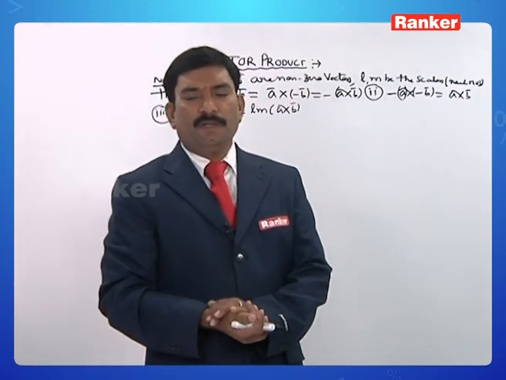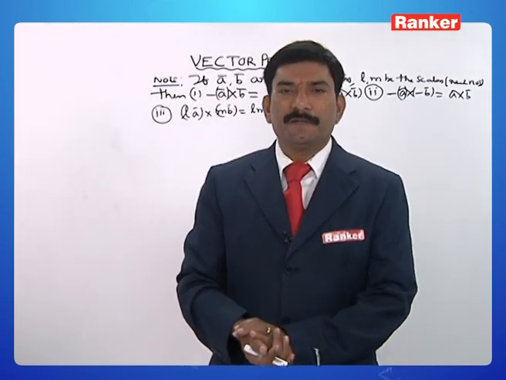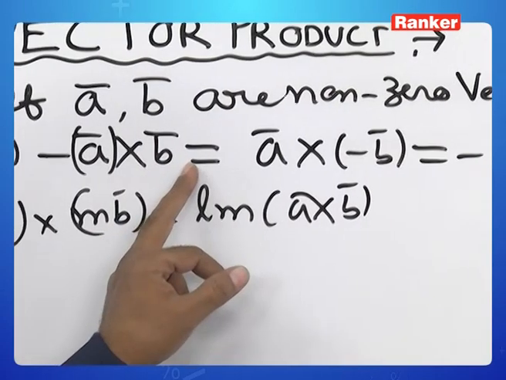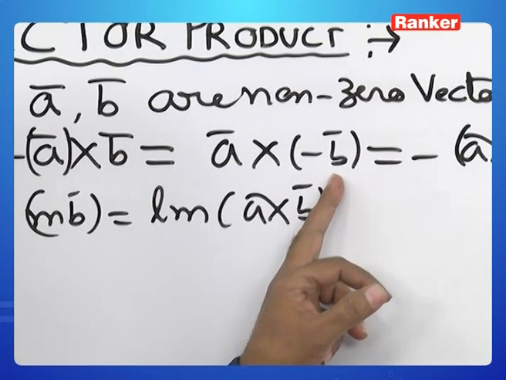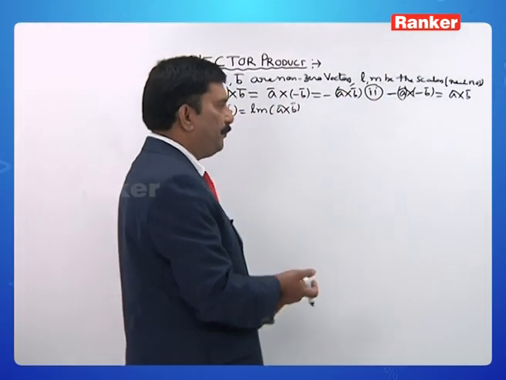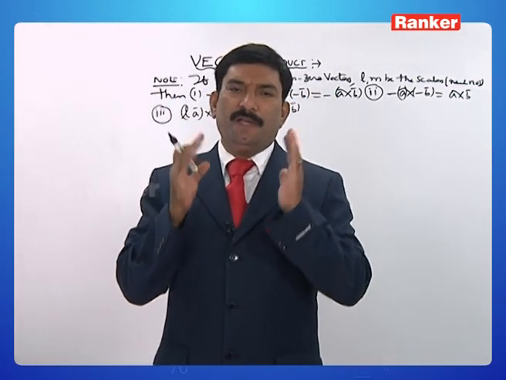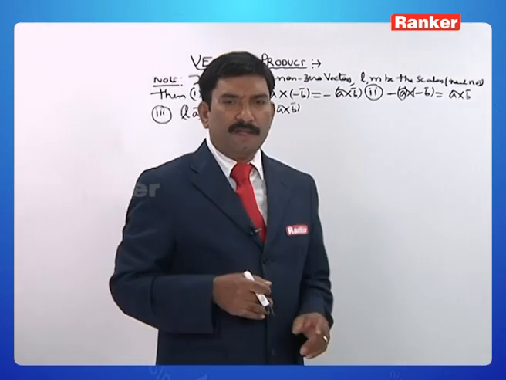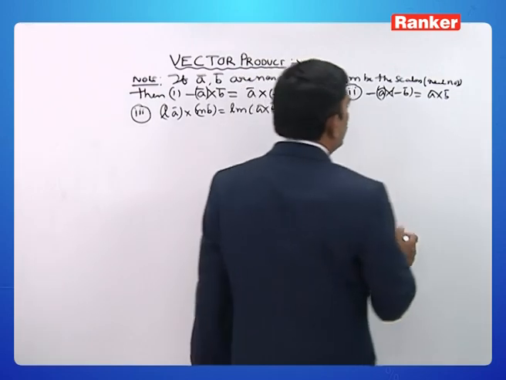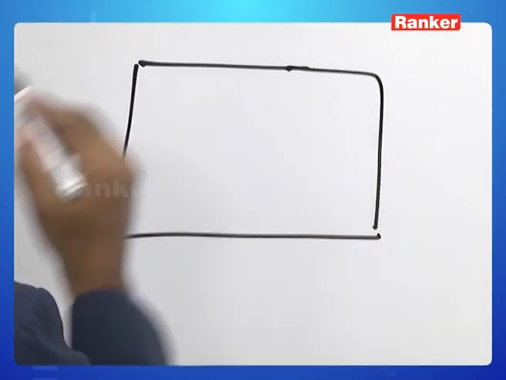Let us give an interpretation to these three points. One is minus of A bar cross B bar, A bar cross of minus B bar is equal to minus of A bar cross B bar. Now, your book is a plane. My board is a plane, correct or not? Blackboard is also a plane.